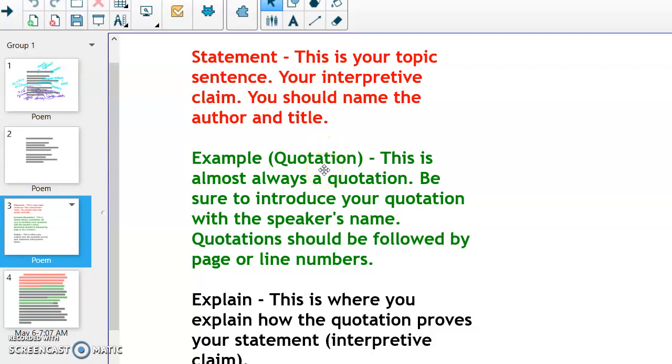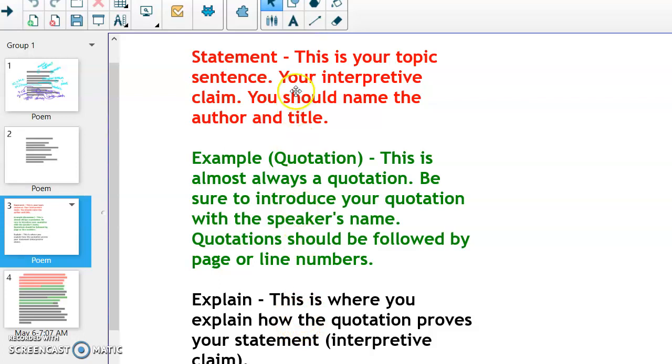And then you're going to include an example. This is always a quotation for me. You'll want to make sure that you introduce your quotation with the speaker's name and that you follow it by a page number if it's a book or short story. In poetry, we use line numbers. And then we explain how this quotation proves our interpretation. This can be a little lengthy at times.